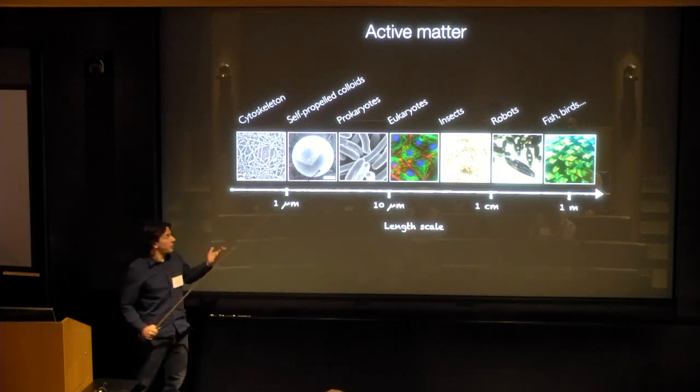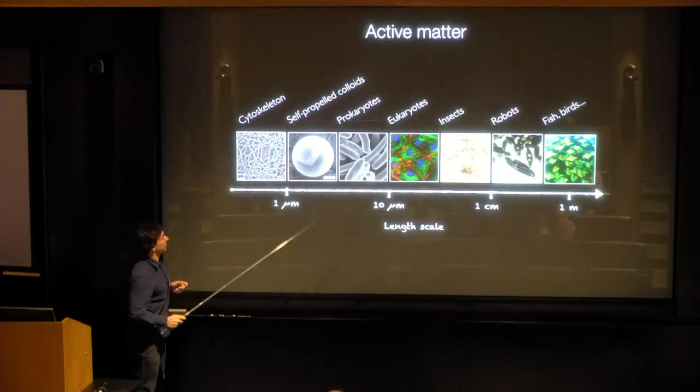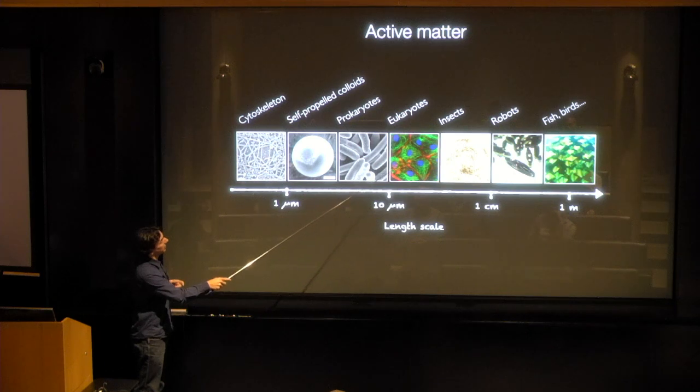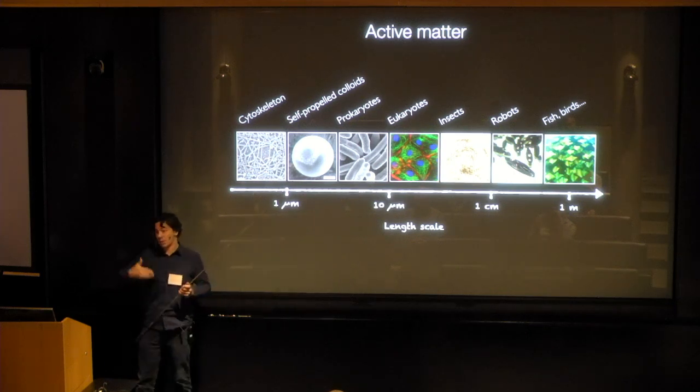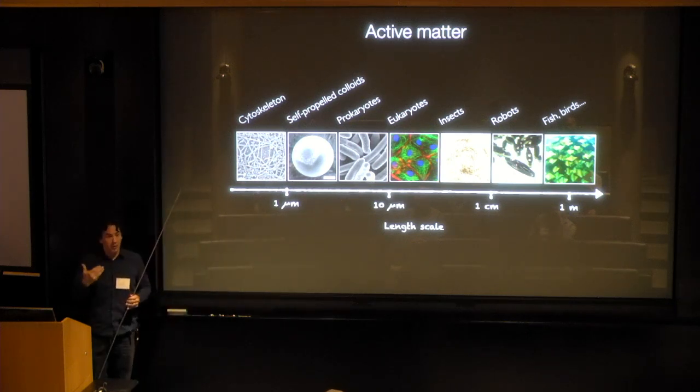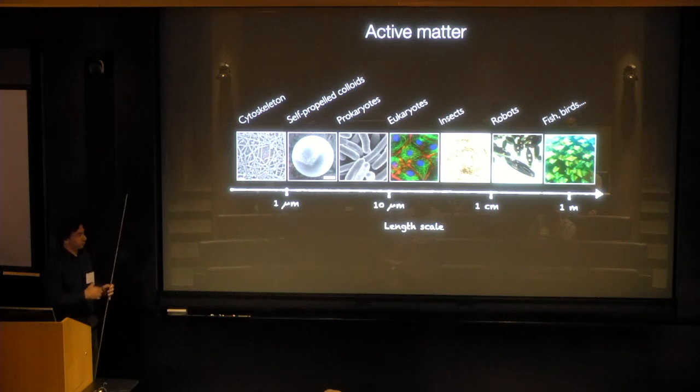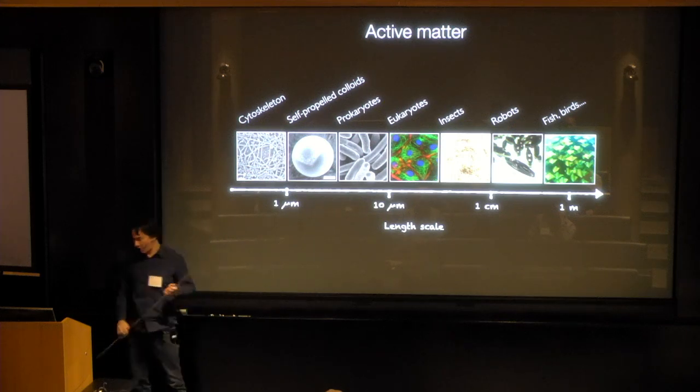And now one of the most recent topics in the physics of active matter is really these eukaryotic cells, tissues, cell layers, which I believe are really, really interesting systems. And I'm sure that we will see a blossoming of physics of eukaryotic cells.